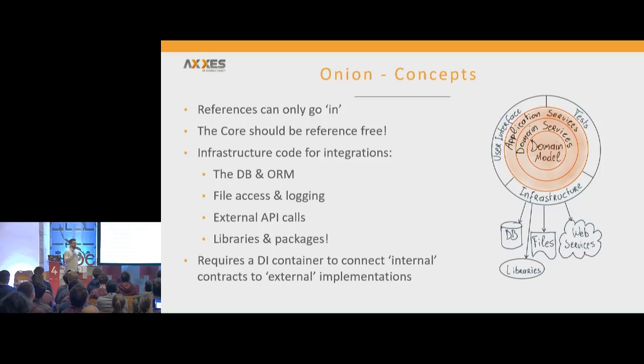That means that everything else is an integration, even your database. And that's where this differs completely from the layers that I showed you earlier. Because we will not point to our database, our database will point to our core. And all these integrations make sure that you can basically shield anything that might pollute your logic from it.